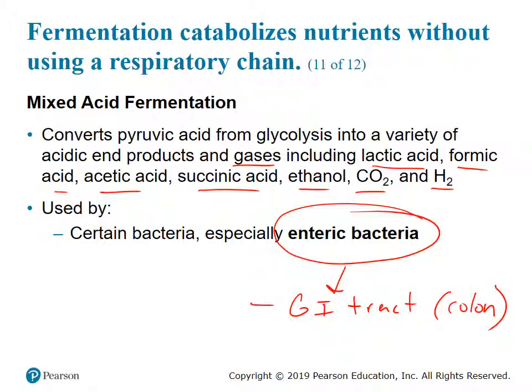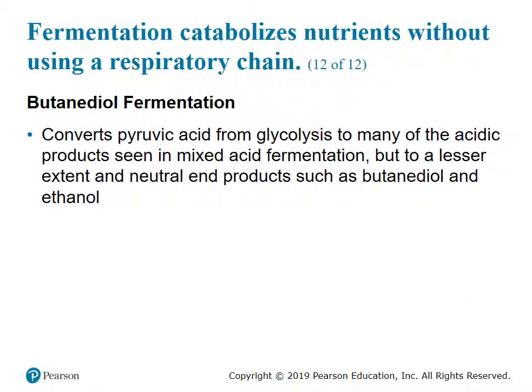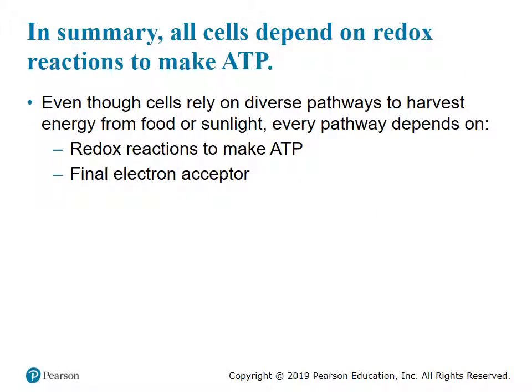This is where you see gas buildup in your GI tract. That comes from the bacteria undergoing mixed acid fermentation. And again, I mentioned butanediol, which it converts that to.